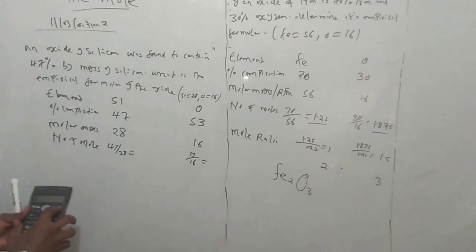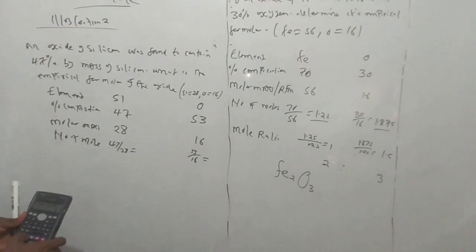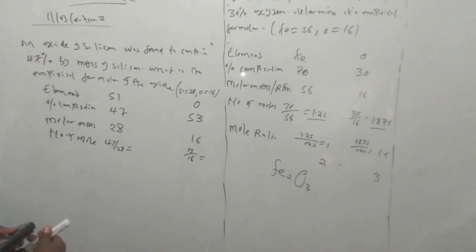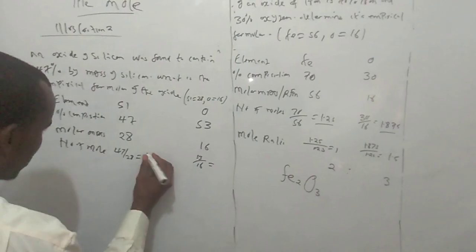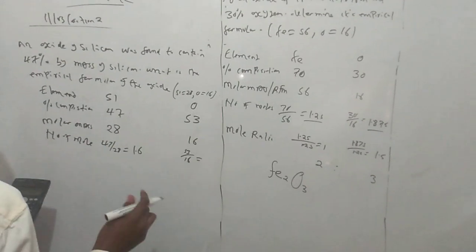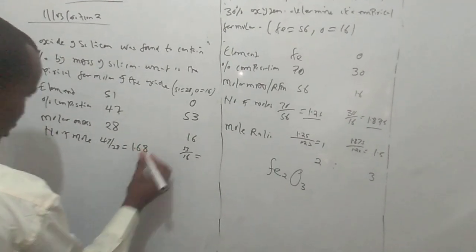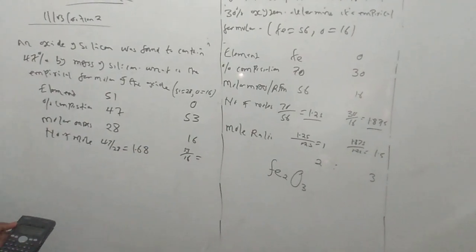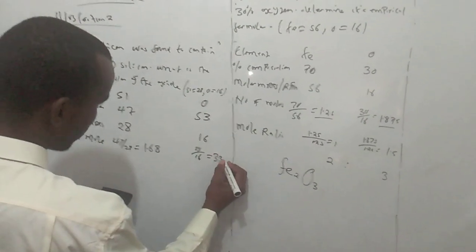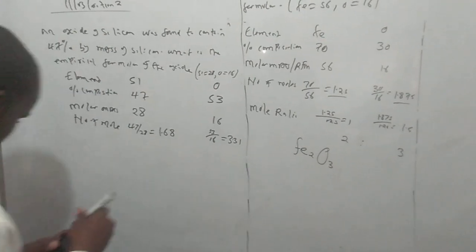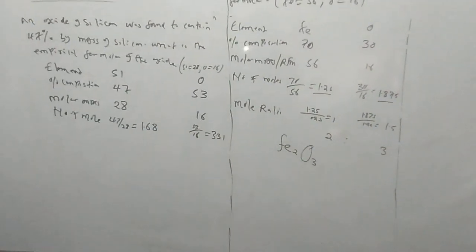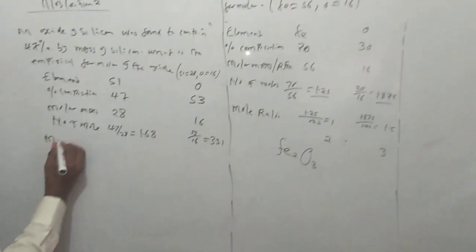If I take 47 divided by 28, to two decimal places it is 1.68. Then 53 divided by 16, to two decimal places, is 3.31. So next is to get the mole ratio.